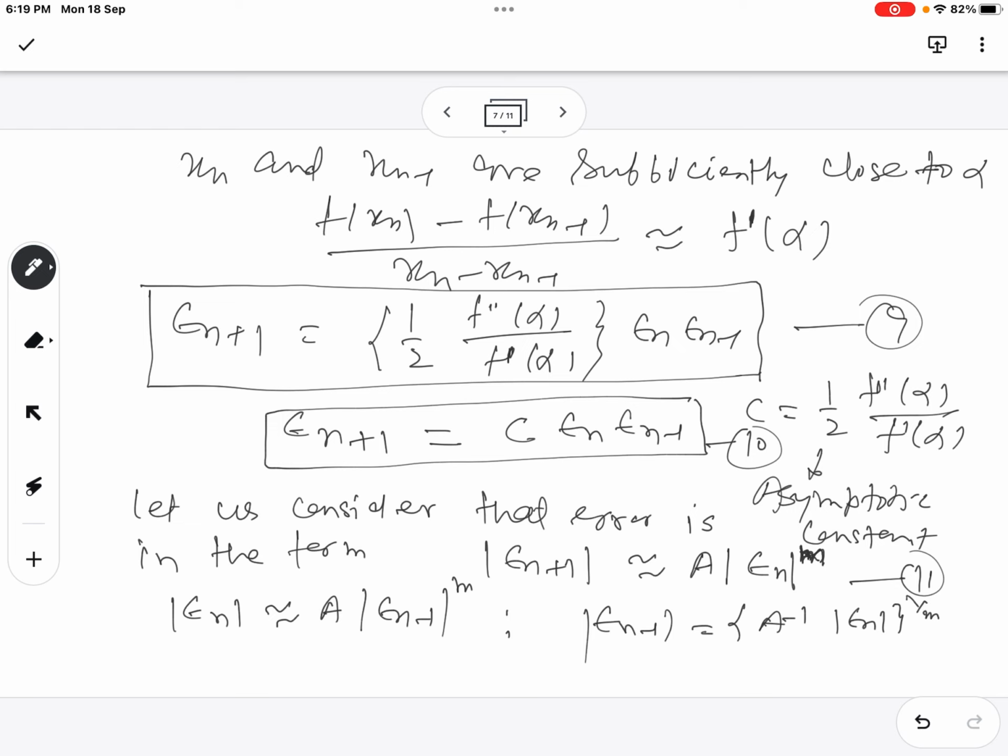Or I can write down by putting these in equation 10, n plus 1th error is equal to C into nth error multiplied by A inverse nth error to the power 1 by m.